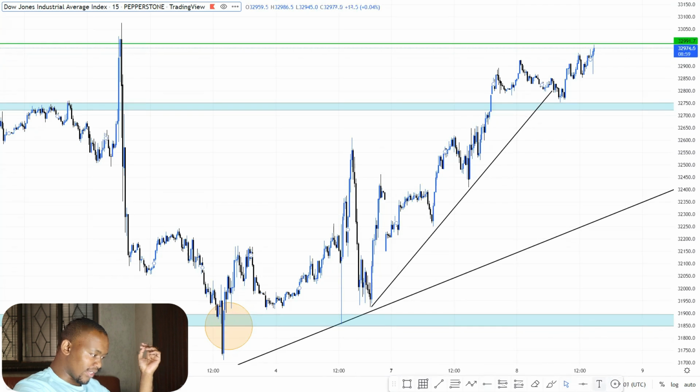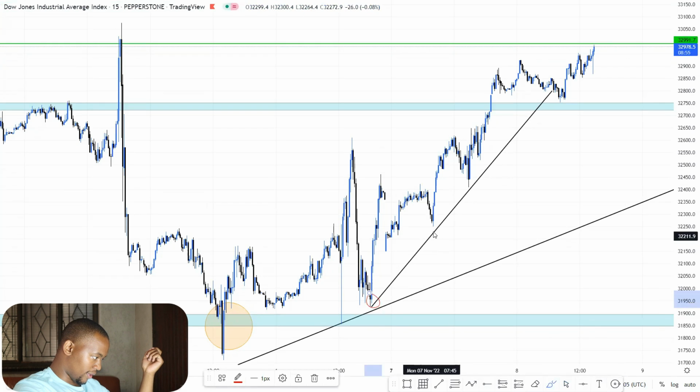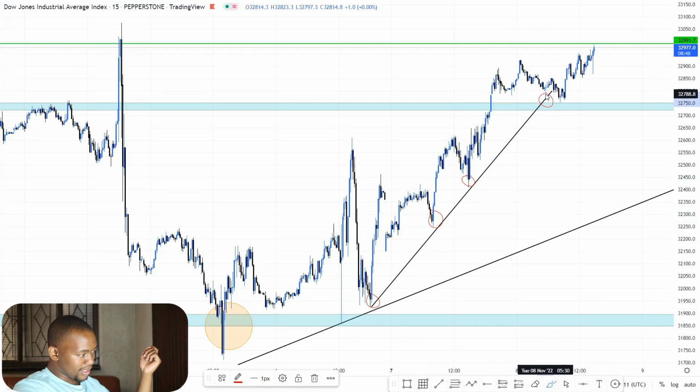And we can just see that the market has been respecting the trend line right over here. And we just knew that once the market gets towards these areas, we're going to start pushing towards the upside.